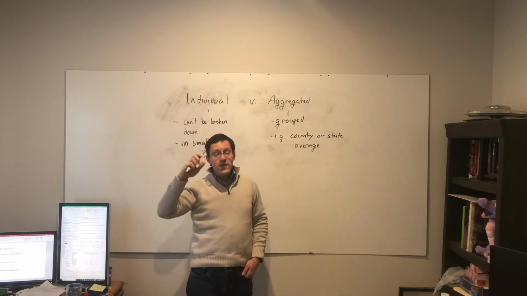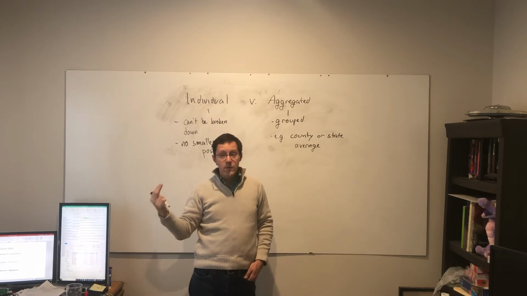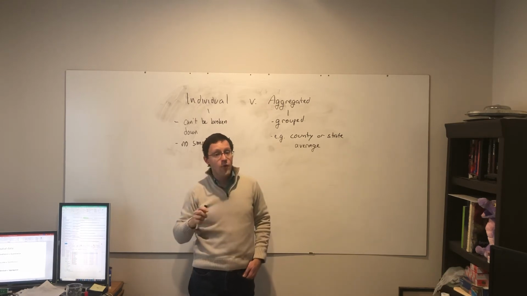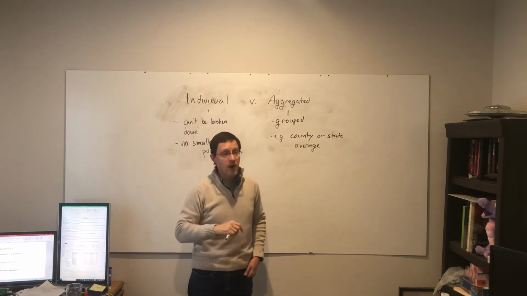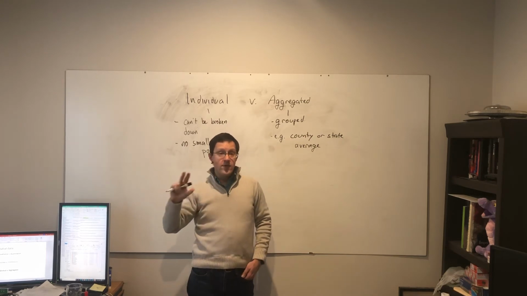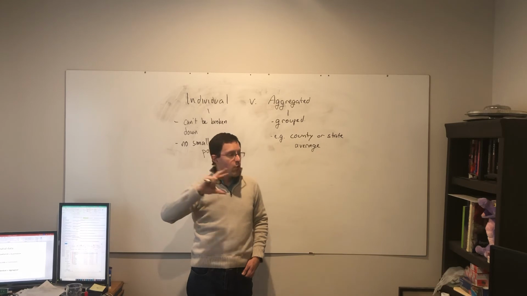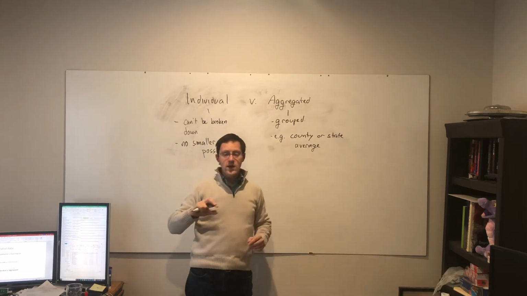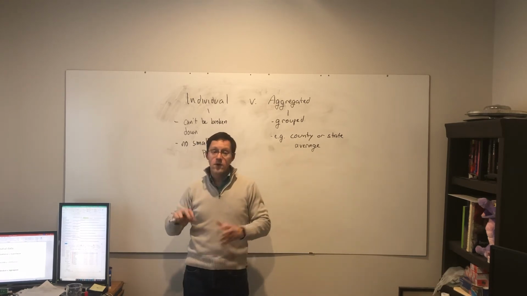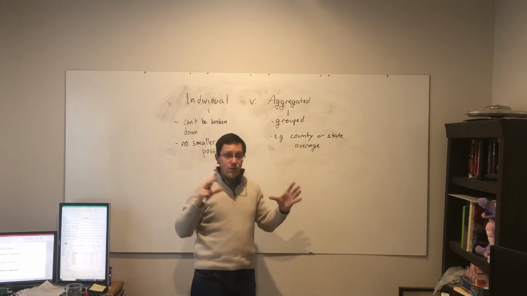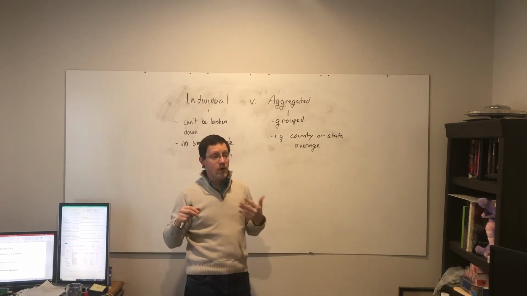So within the polling example, we might say, what is the overall proportion within Monongalia County that we think will vote a particular way? Or in the state of West Virginia, or the neighborhood of South Park. We can have many different scales for our aggregation.